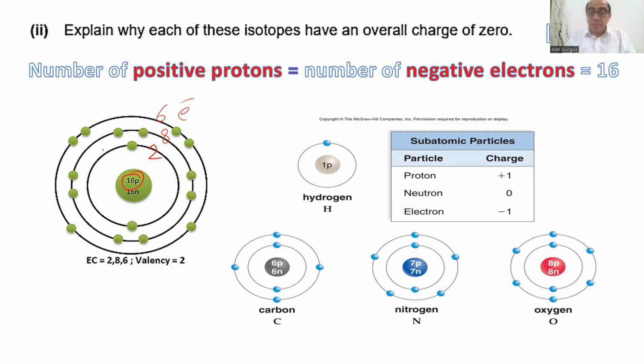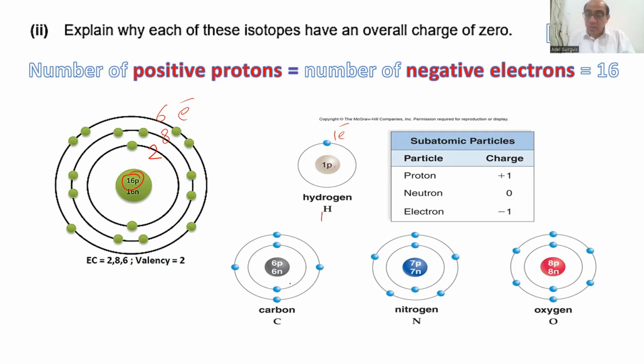In the same way, hydrogen-1: in the shell, 1 electron; in the nucleus, 1 proton. So the atom of hydrogen is neutral.